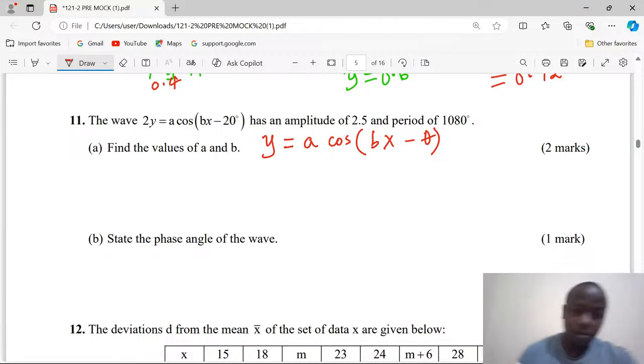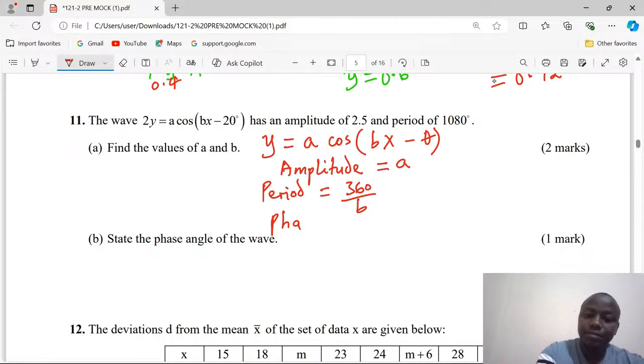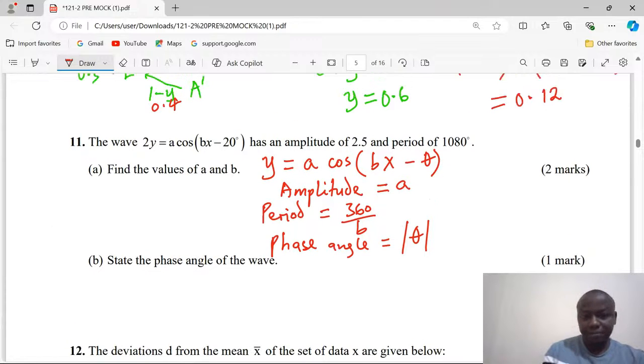From such a general wave equation, we should know that the amplitude is usually the value of A. Then the period is usually 360 divided by the value of B. And finally, the phase angle is usually given by the absolute value of theta.